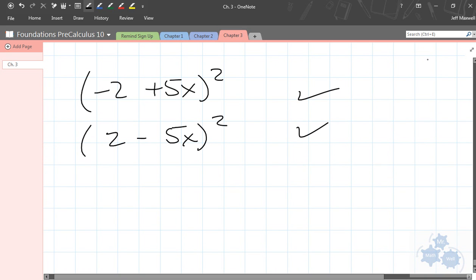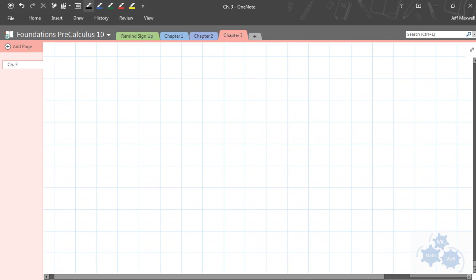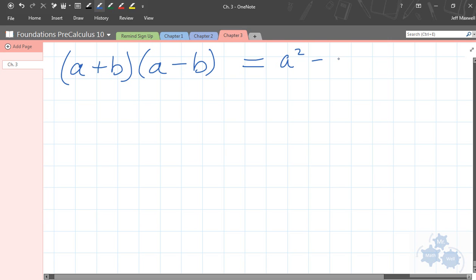All right, that's the first special polynomial. The second special polynomial we want to talk about today comes from this right here. If you have a plus b times a minus b, two binomials that have the exact same terms but different signs in the middle, one's plus, one's minus, when you expand this, you get a squared minus ab plus ab minus b squared.